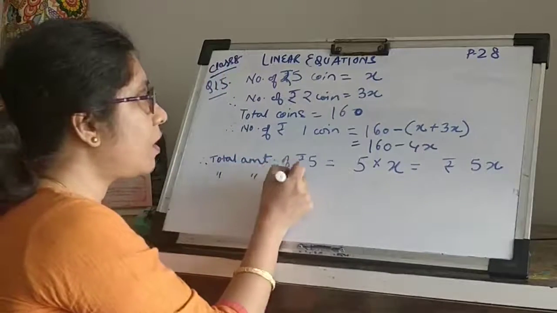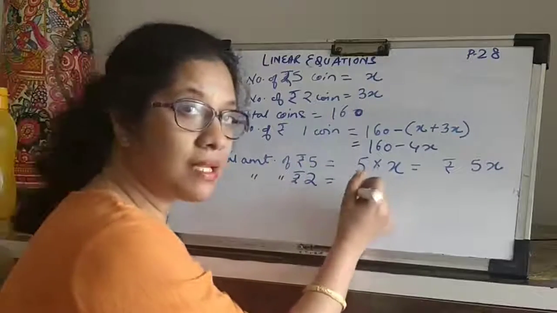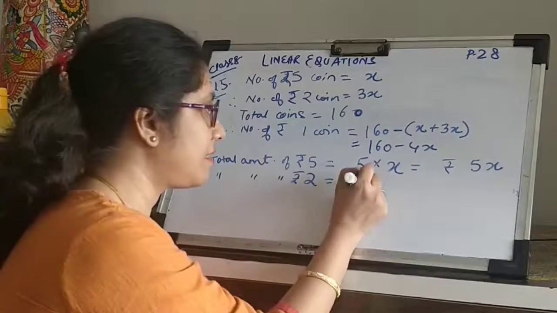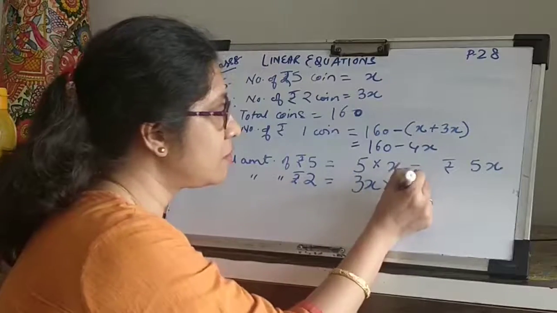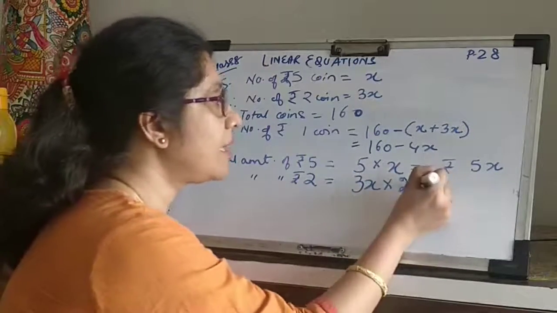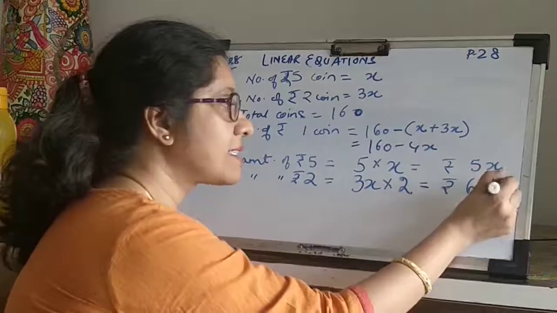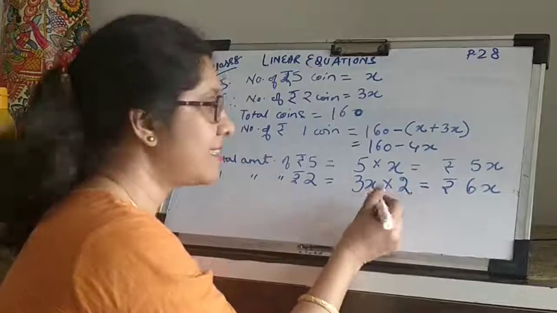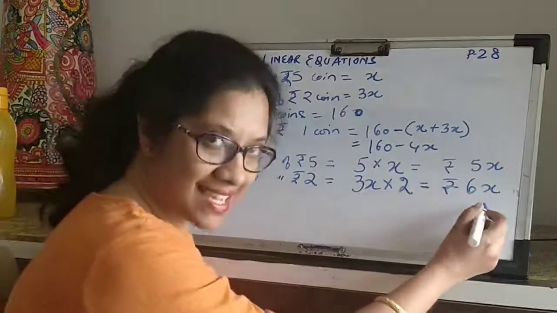The total amount of rupees 2 coins will be the number of 2 rupee coins, which is 3x, times the denomination, which is 2. Therefore, it will be rupees 6x. 3 twos are 6, and the variable x tags along, which is rupees 6x.